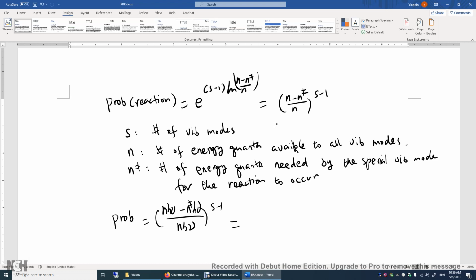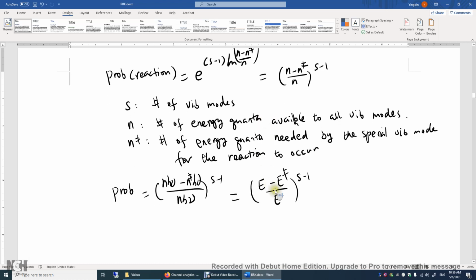So n h nu is just the energy, and on top it's going to be energy minus E double dagger, to the power S minus 1. Although conventionally, when we are talking about just a single molecule, people often use epsilon instead of uppercase E. So you can do that as well.